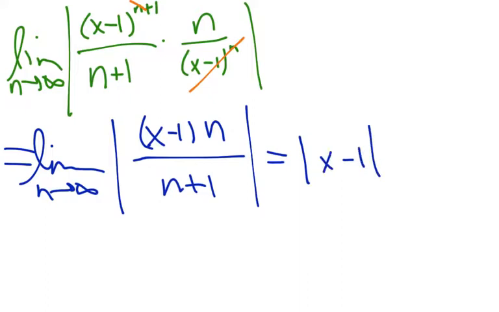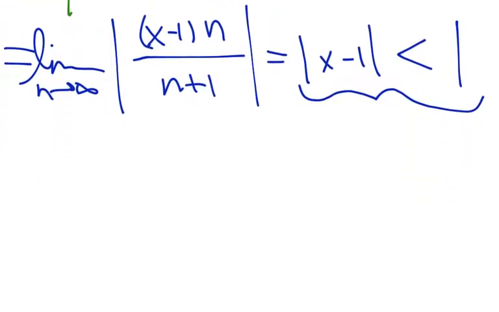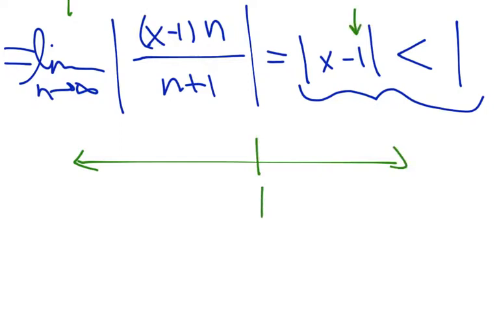And by the ratio test, for this to converge, we need this quantity, the limit, to be less than 1. So we need all values of x that make this inequality true. And so, just to remind us of what that means graphically, we're talking about an interval. Our interval is centered at 1, and then it moves one unit in each direction from 1.